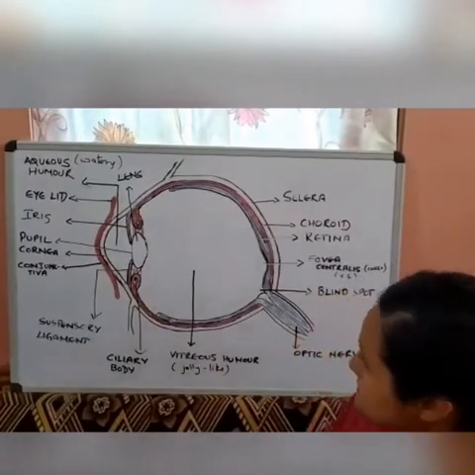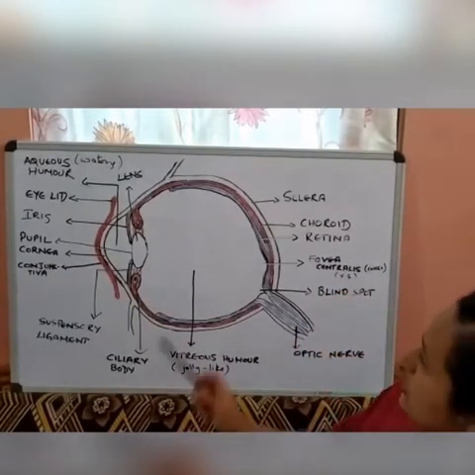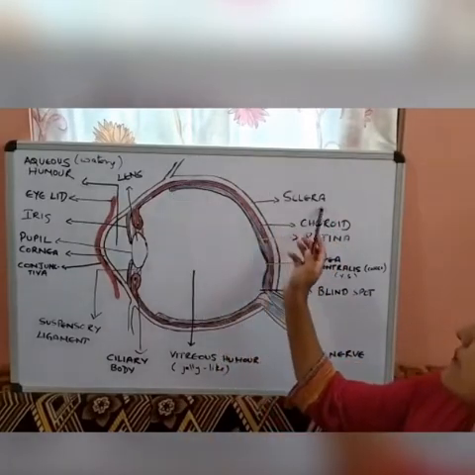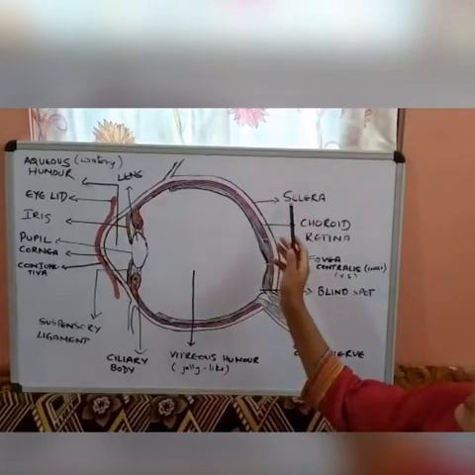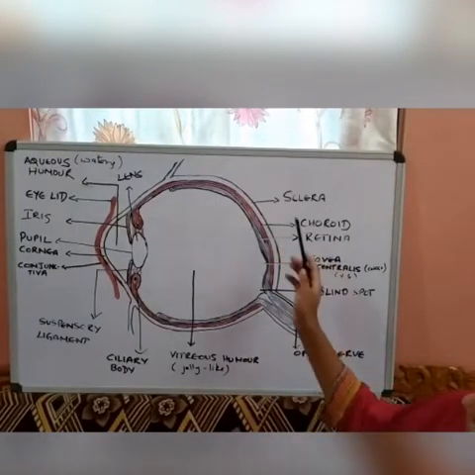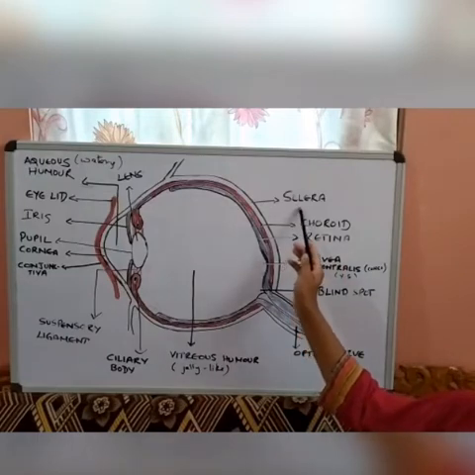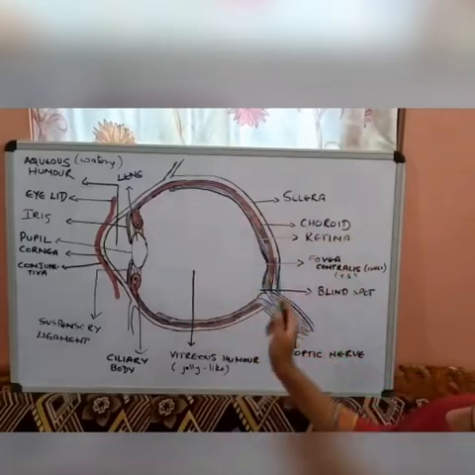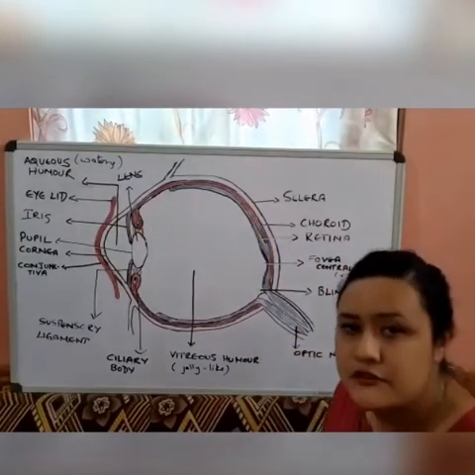Alright, now I'm going to start with the first layer, sclera. Sclera is the outermost, tough, large layer, which is composed of connective tissue.